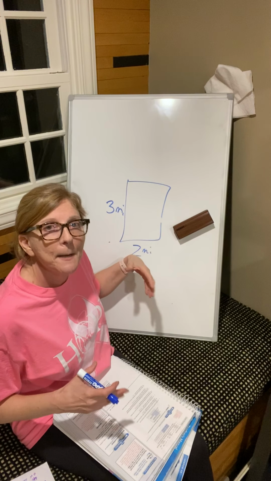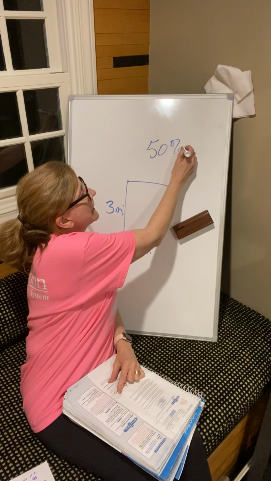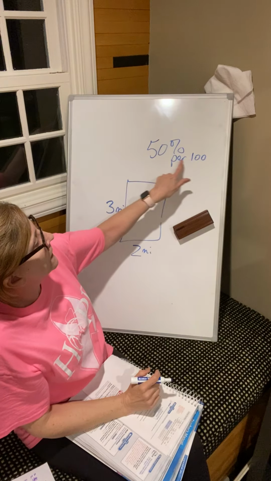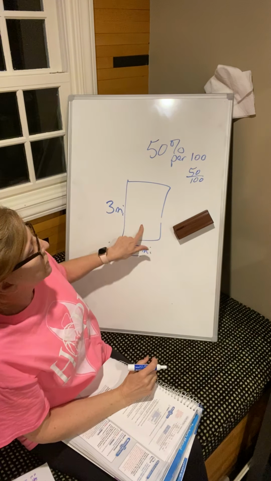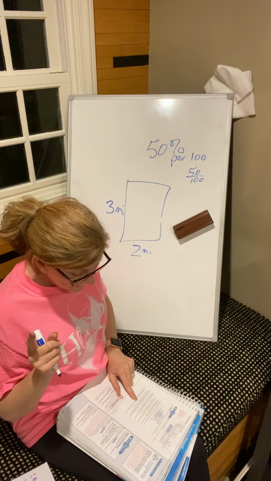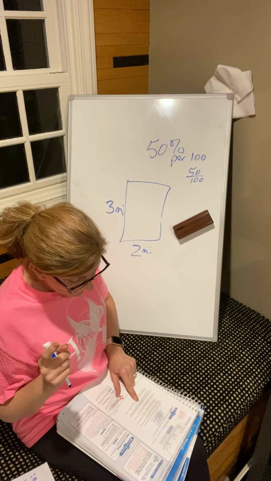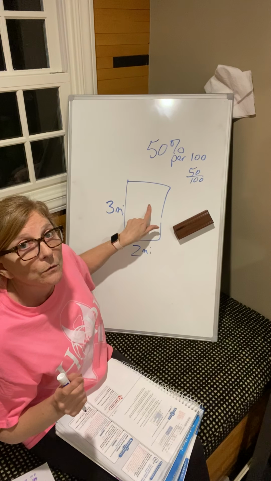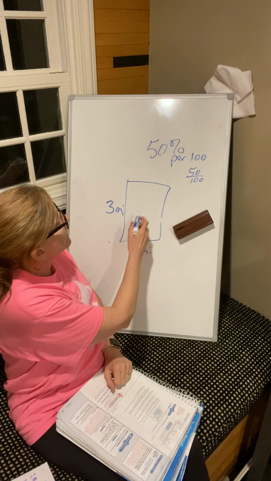If it's 50%, remember? 50% means per 100. So 50 out of 100. How much of this land can she farm? What they want to know is how many square miles could be farmed? 50%. We need to know, first of all, what is 50%?